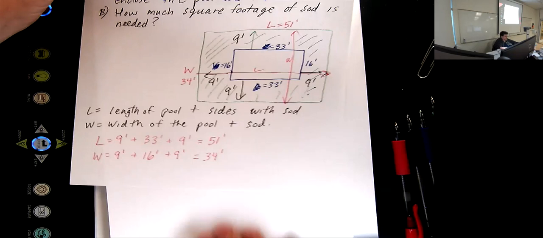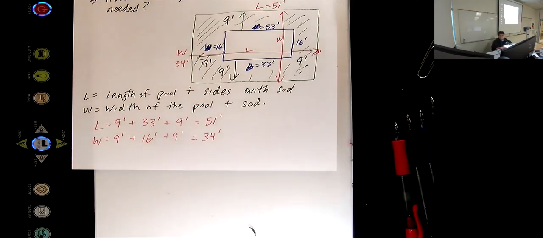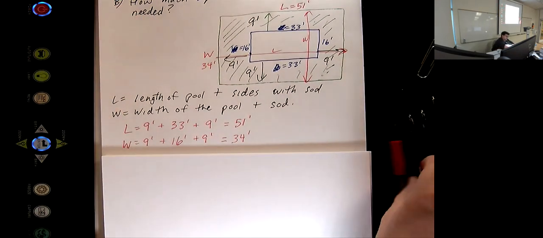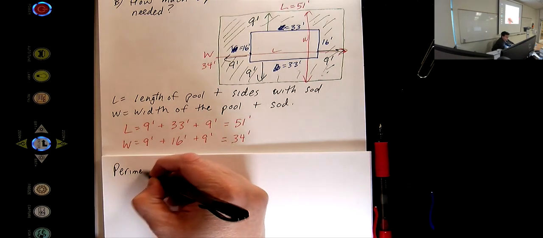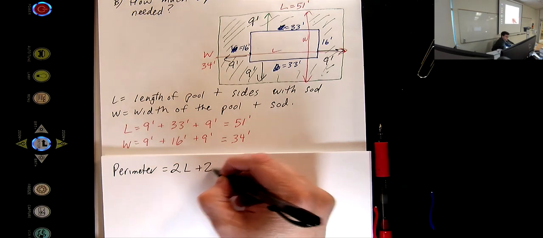Now we need the perimeter. When we looked at perimeter for a rectangle, we saw that it was 2 times the length plus 2 times the width.